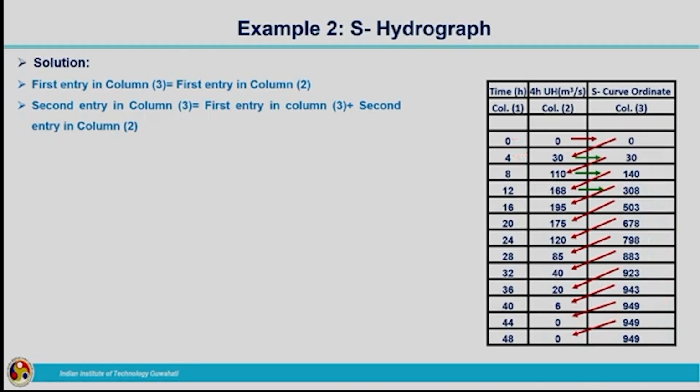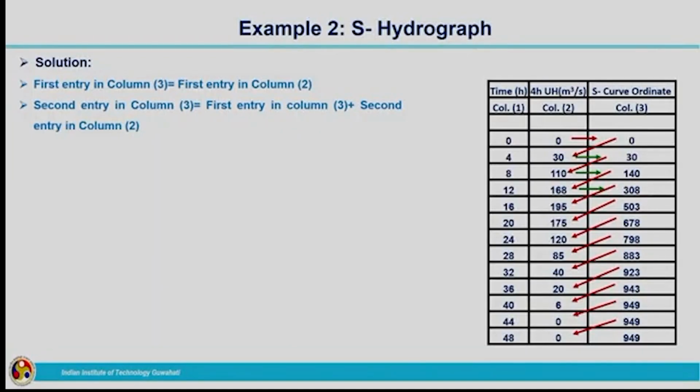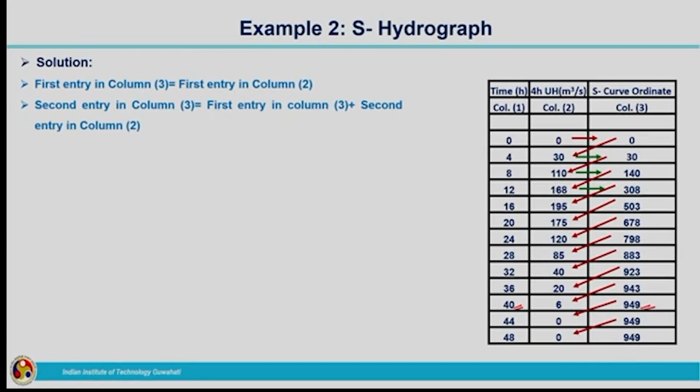So, the first part of the question is over. Derive the S hydrograph, that we have done. Now, the second part of the question was, what is the equilibrium discharge or equilibrium runoff value? Look at the curve, you can understand that at t is equal to 40 hours, the ordinate of S hydrograph is 949 meter cube per second. This is in meter cube per second.